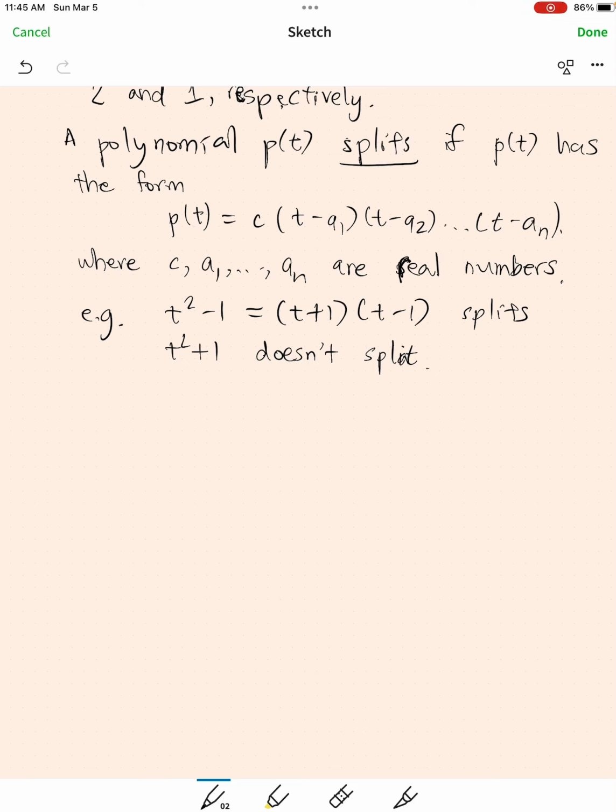So another way of thinking of splitting is that you can factor it completely, and you have no quadratic terms at the end. Okay. Now it might be that some of these a_i repeat. So for instance, you could have (t minus 1) times (t plus 4) cubed. This is also a polynomial that splits. Okay, so we're going to talk about the criterion for diagonalizability next time.